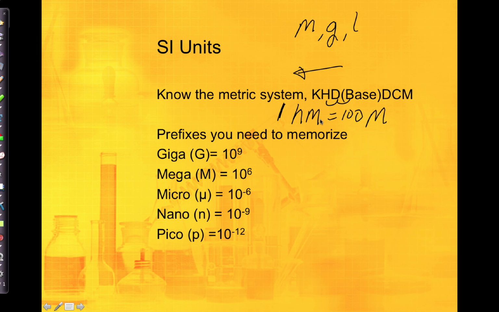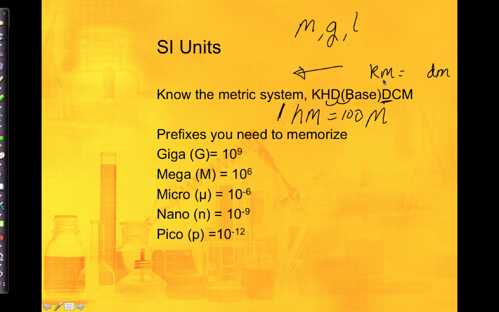And this works with every unit in this little saying right here. So if I have decimeters, so the first D is deca, the second D is deci. If I have decimeters and I want to know how many kilometers is equal to how many decimeters, I do the same thing. I have kilometers and I have decimeters. And the deca is actually dk, by the way.